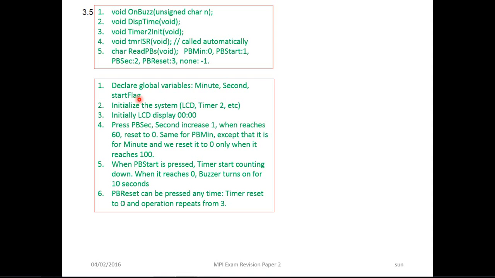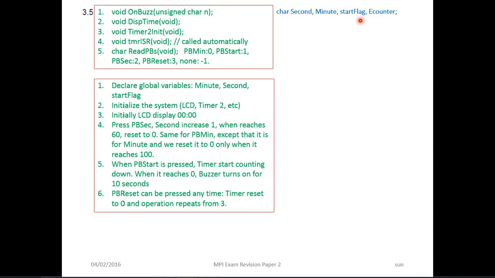Global variables are variables that can be shared by different functions, and so they have to be declared outside the function. We use signed char for minute and second because in question 3.4 they will be decreased below 0, or go negative.